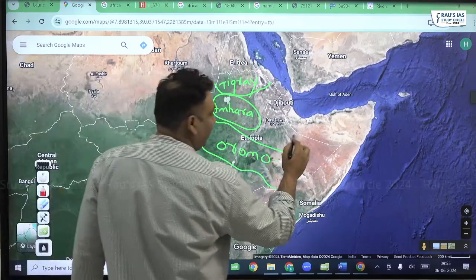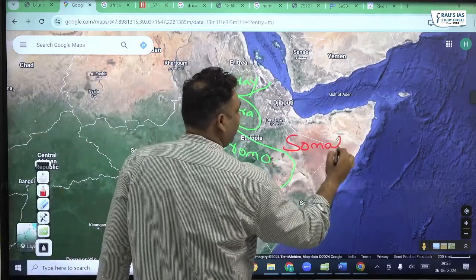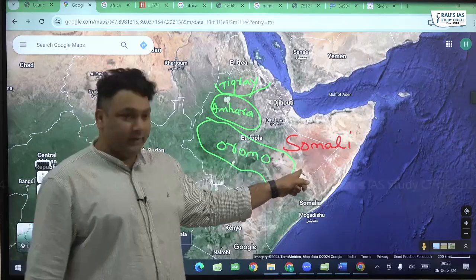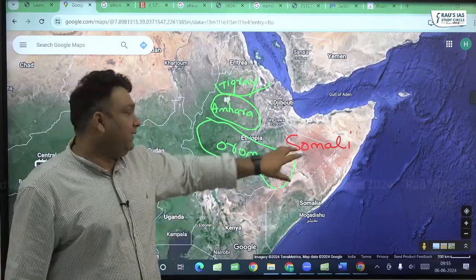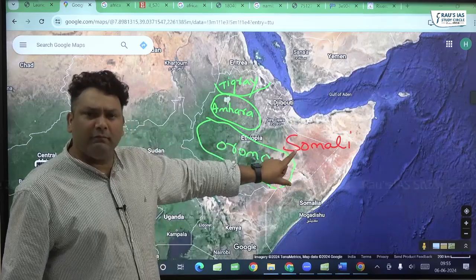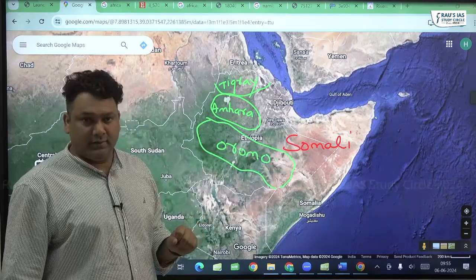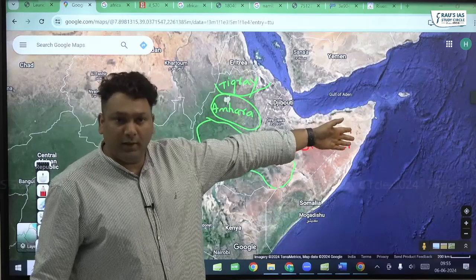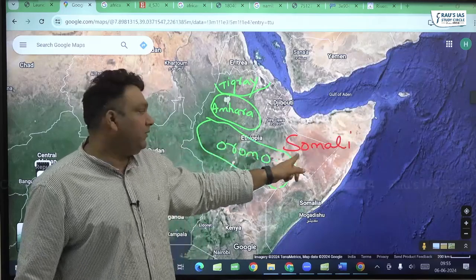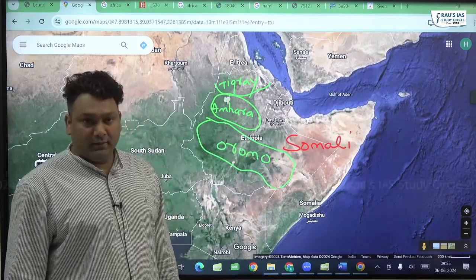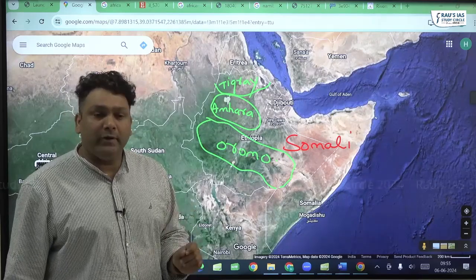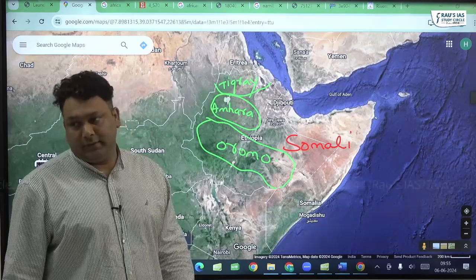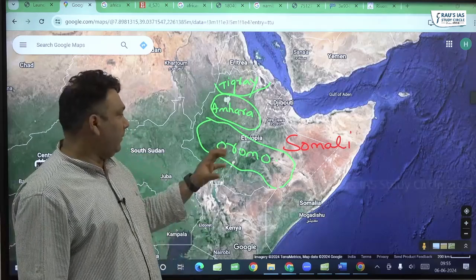And on this side, you have Somalis. See, if you have geographical contiguity, you'll be having same ethnic group. And this part, the eastern part of Ethiopia, is also a conflicted region. Obviously, Somalis are more there in Somalia. Obviously, they want this region to be separated. The geographical contiguity is also the contiguity of the culture, ethnicity. You can draw this map roughly. Oromo.